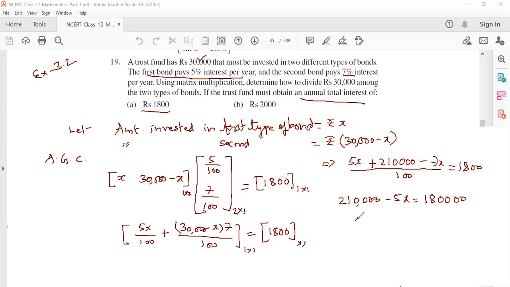And 5x will be equal to 2 lakh 10,000 minus 1 lakh 80,000, which is 30,000. Then 30,000 divided by 5 gives 6,000.